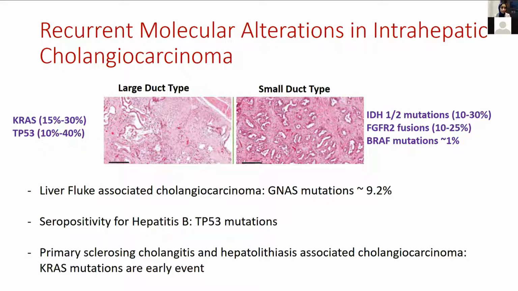These include liver fluke-associated cholangiocarcinoma, where GNAS mutations have been observed in 9.2% of cases. Seropositivity for hepatitis B has been associated with TP53 mutations in those cholangiocarcinomas that arise in this context. Also, KRAS mutation has been thought to be an early event in primary sclerosing cholangitis and hepatolithiasis-associated cholangiocarcinoma.